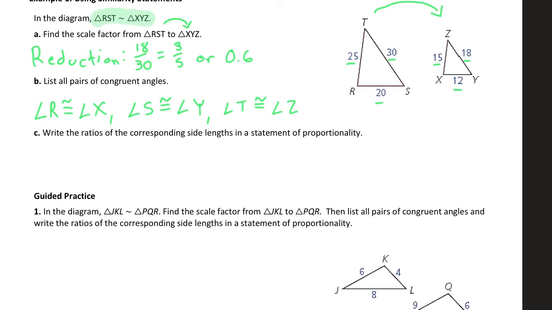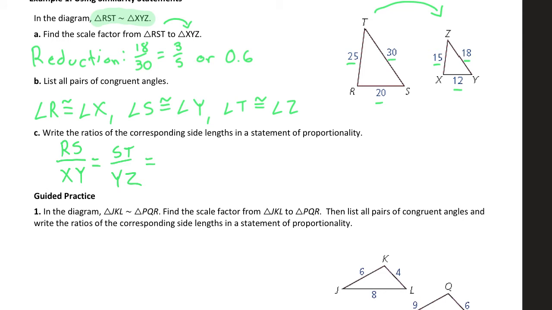Let's start with RS, the first segment shown in our statement. RS corresponds to XY. So the ratio of RS to XY is going to be the same as the ratio of ST to YZ, okay? Because those are corresponding sides in the similarity statement.